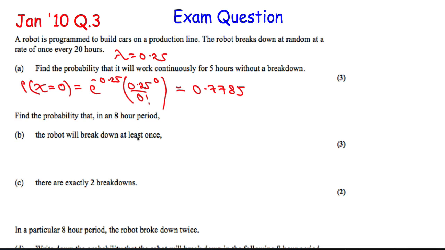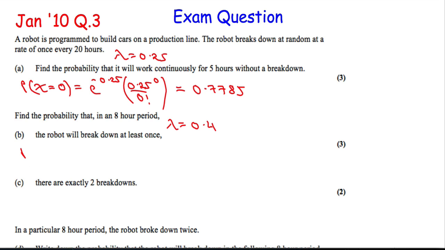least once. Again, we've got to think of this in terms of rates. So if it breaks down once in every 20 hours, in 8 hours, the rate will be 0.4. So I want the probability that the robot will break down at least once.